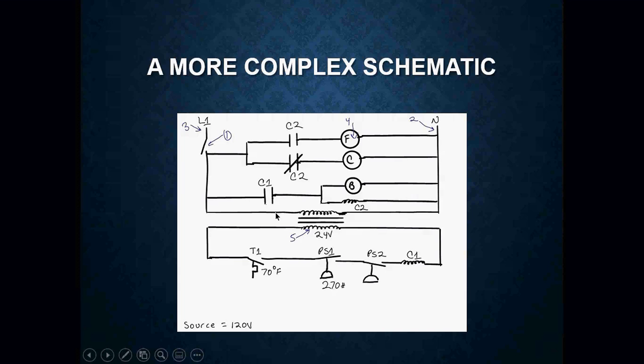Our lines, again, represent our paths. Here are our contacts, which are also nothing more than switches. And our loads. Notice that our loads are just designated with letters. So fan, compressor, maybe blower, whatever it would be that we are dealing with in this type of diagram.